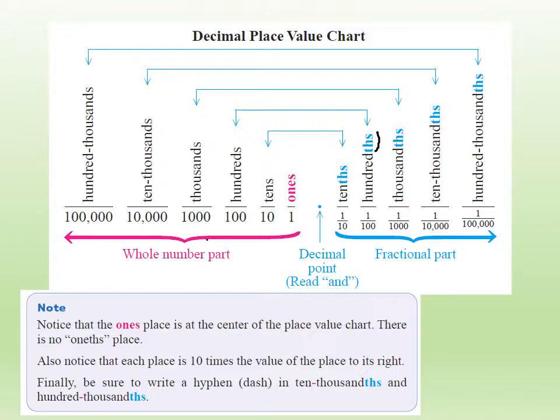Yes, we're finally allowed to say the word "and." If you notice, that decimal right there is the word "and." So anytime you hear the word "and" associated with a number, you need to know, okay, I need to bring in a decimal. It means a decimal. And I'll show you guys some examples of how that would look.